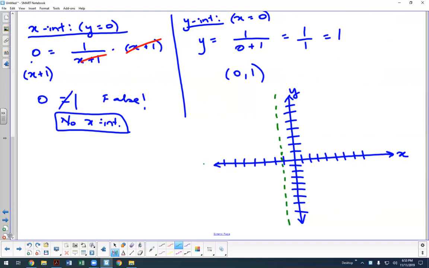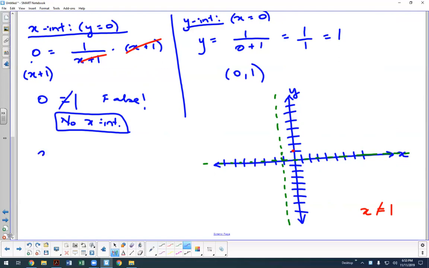Our horizontal was again at the x-axis. We have no symmetry. We have no x-intercept. We do have a y-intercept at 0, 1. And I think that's all the information we gathered so far. And we also know that we cannot use, and this is just a note that I'm making for myself, we cannot use 1 either because our domain is undefined at 1. So just something for me to remember.